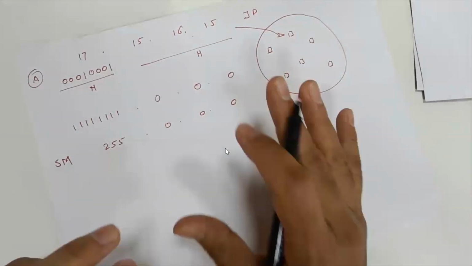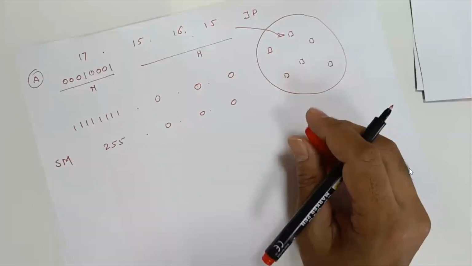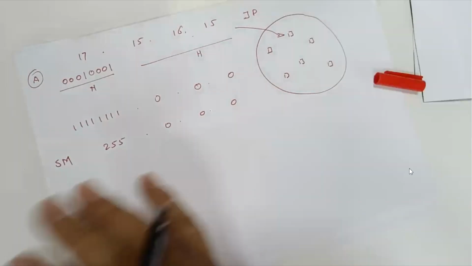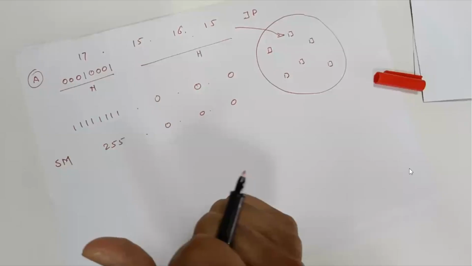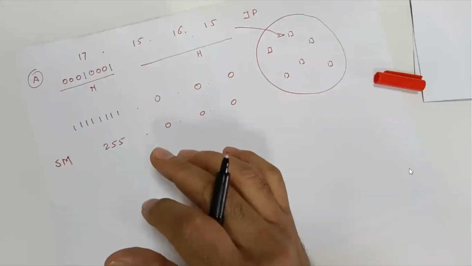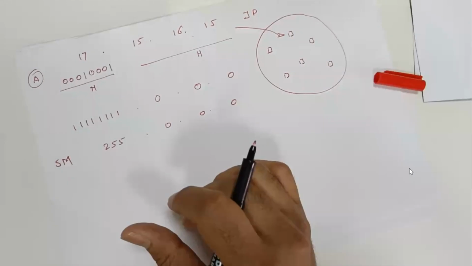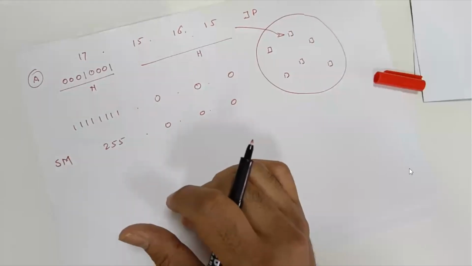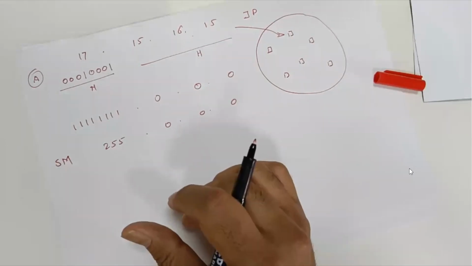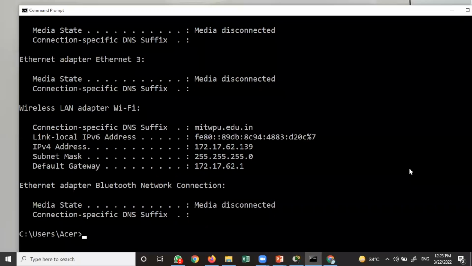Once you understand all these concepts, for the computer network subject, and if you are programming ahead in your career, all the server programming, client programming, this knowledge is very, very important, and this will help you all. So the answer to that question, I'll tell you tomorrow.